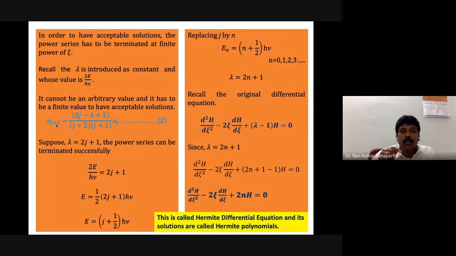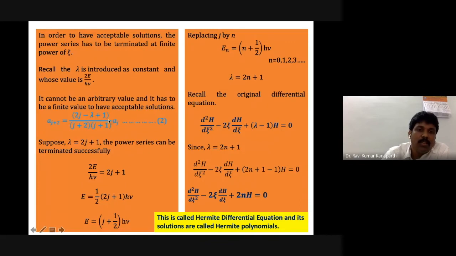If j is equal to 6, how does this recursion relation behave? J is equal to 6 means A8 is equal to, sorry, J is equal to 6 means this A8 is equal to 0.